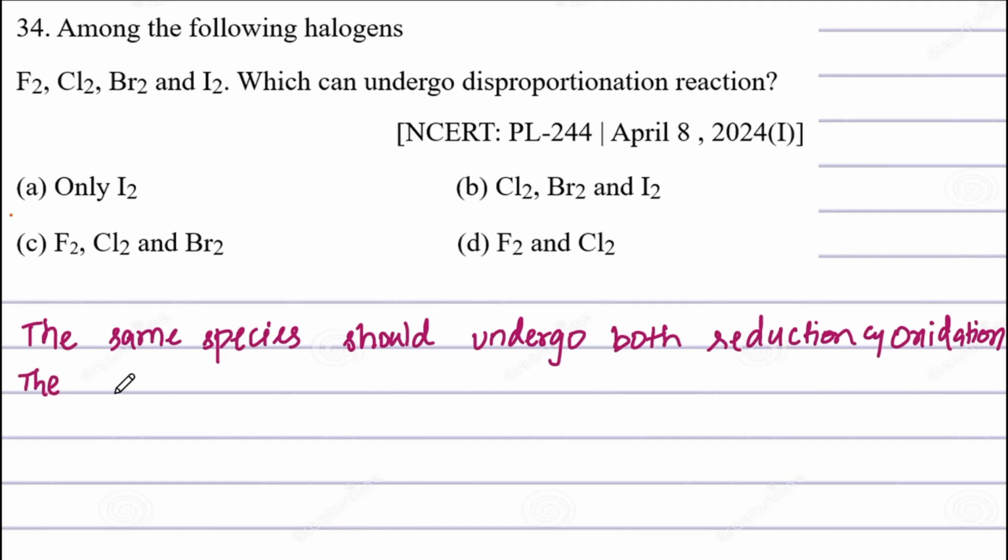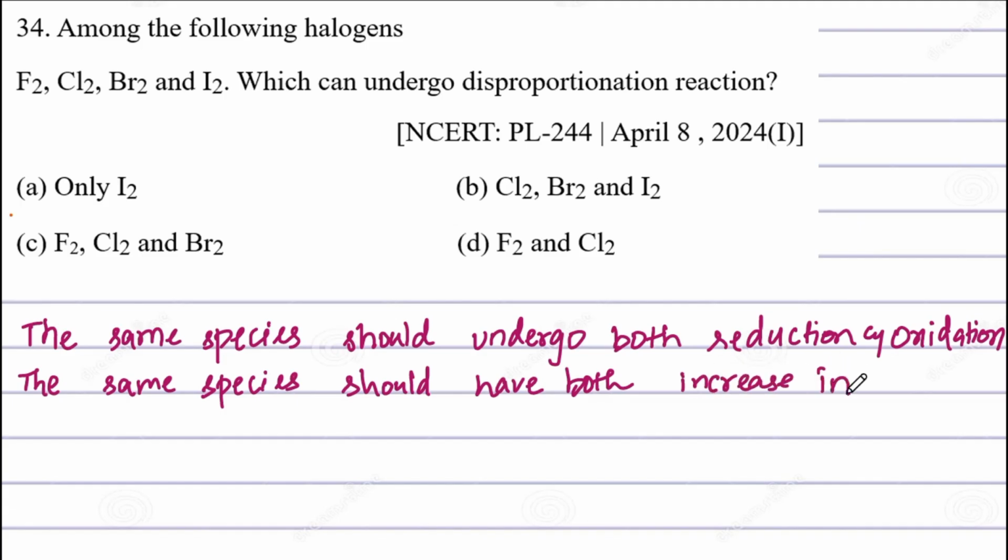The rule is the same species should have both an increase in oxidation state as well as a decrease in oxidation state. An increase in oxidation state is oxidation and a decrease in oxidation state is reduction. We all know that. So for the given species, both increase and decrease in oxidation state should be shown.